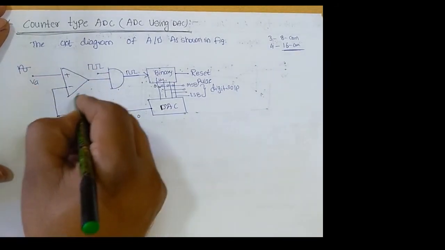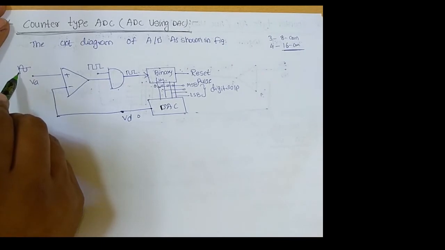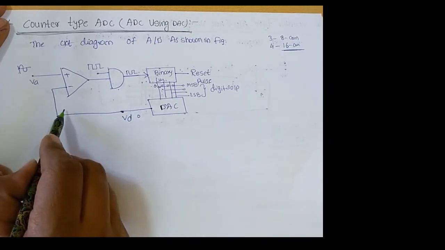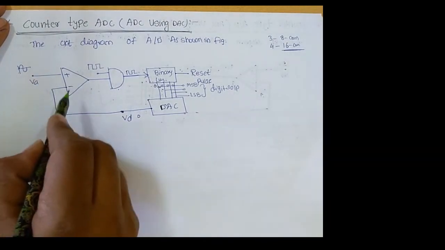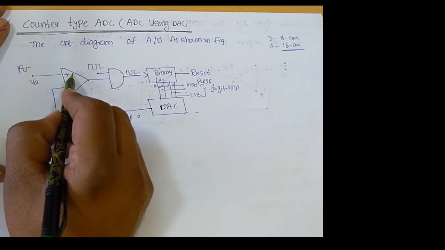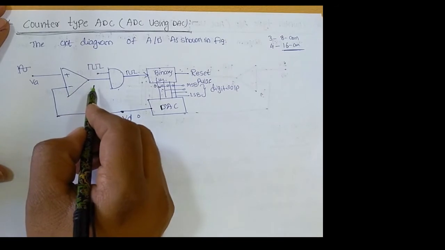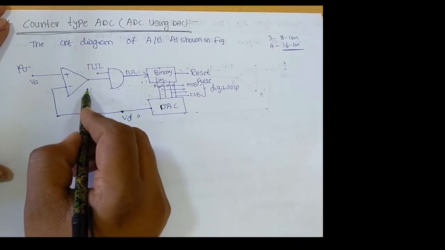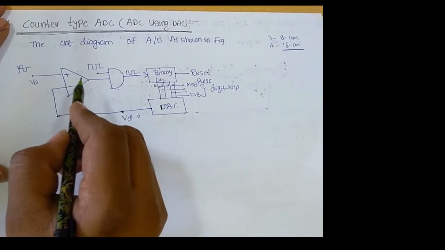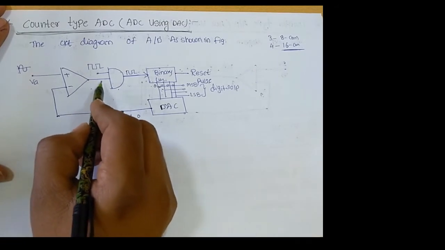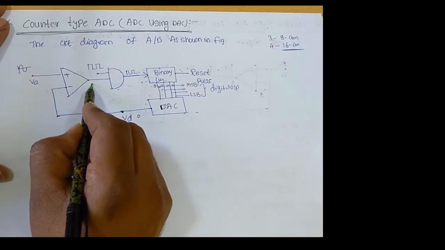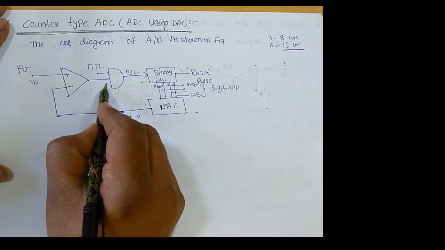The comparator compares the analog input signal to the digital to analog converter signal. Here the non-inverting terminal voltage is higher than the inverting terminal voltage, so it provides the positive saturation voltage. We assume this positive saturation voltage as logic 1. This logic 1 output is given to the input of the AND gate.